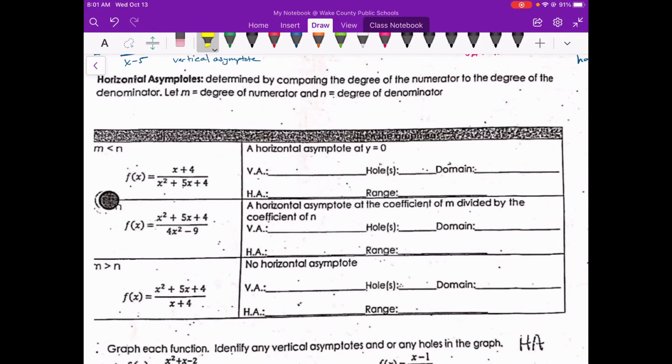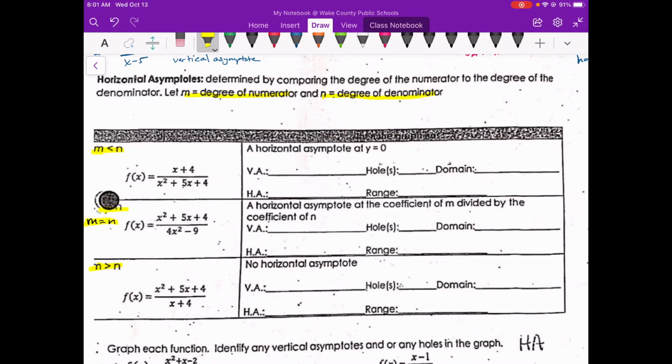Now, for the purposes of the chart, m is the degree of the numerator and n is the degree of the denominator. And just to make sure you could see that well, this is m equals n. These are our three scenarios with our numerator and denominator. So if the degree on the top is less than the degree on the bottom, that's this first scenario here.